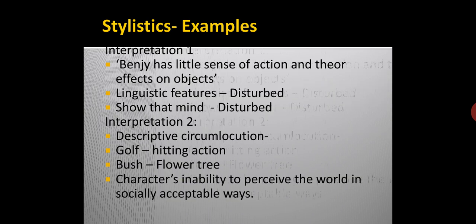So we saw two interpretations: in one case we see how Benji has little sense of action and their effects on objects, and in the second interpretation we see a certain descriptive circumlocution occurring, and that is achieved through underlexicalization.